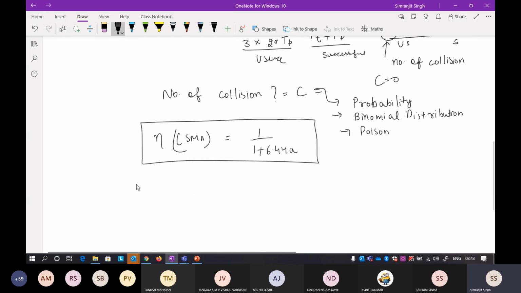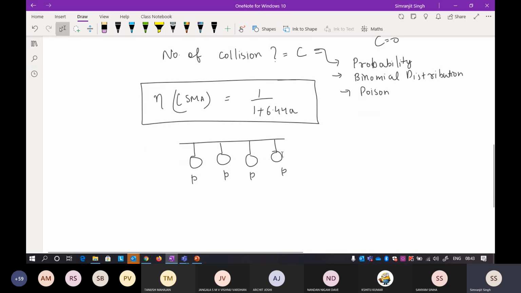Suppose there are many stations, and every station has probability P. I'll tell you what exactly P is.